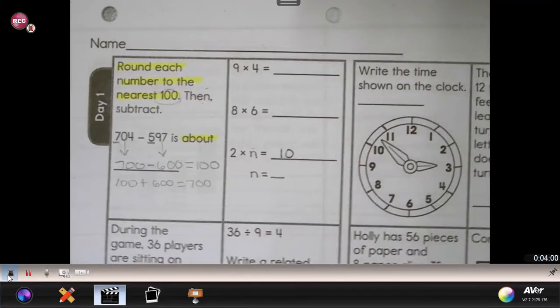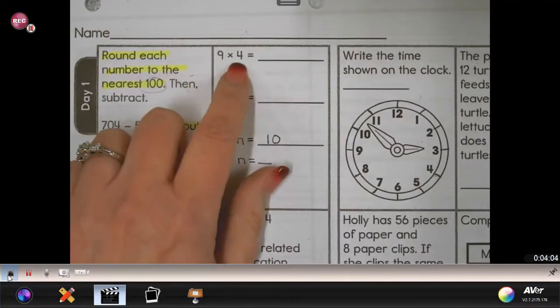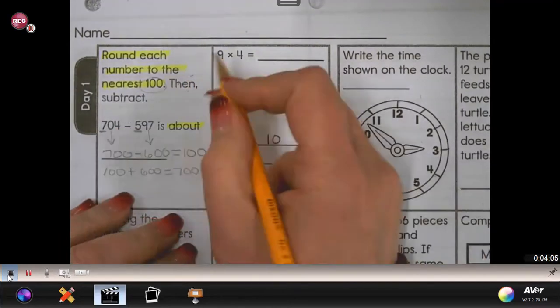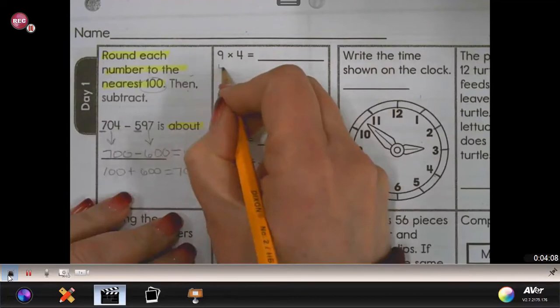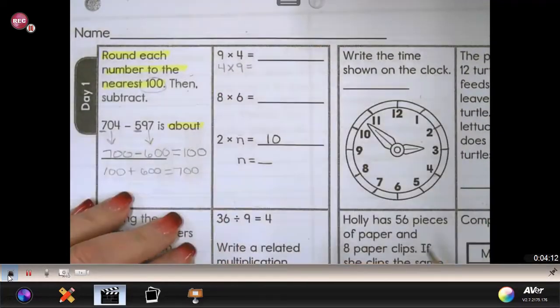So now let's take a look at 9 times 4. I have 9 groups of 4. Or, remember, I could switch these around, and I could also do 4 groups of 9.